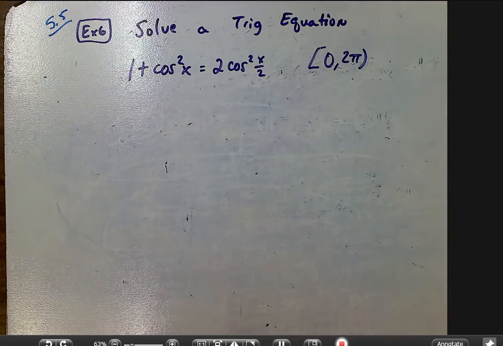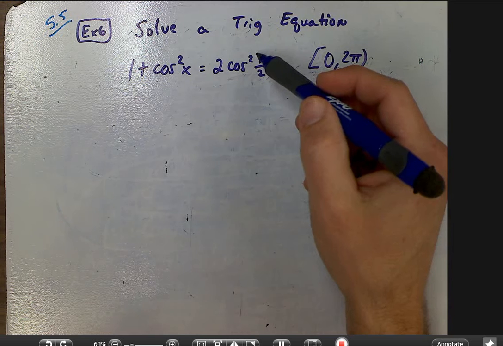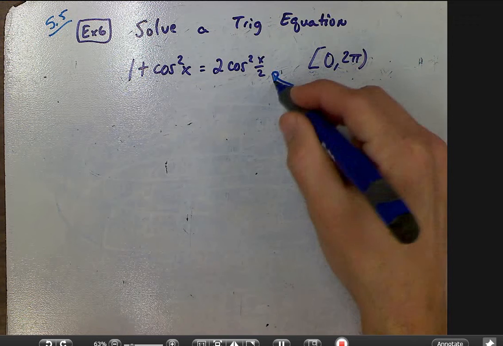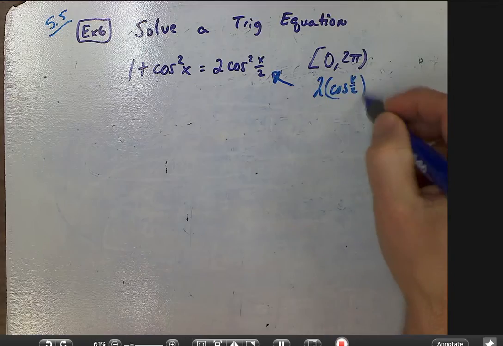Well, the first thing I'm going to do is replace this right here, because it can be 2 times the cosine of x over 2 quantity squared.